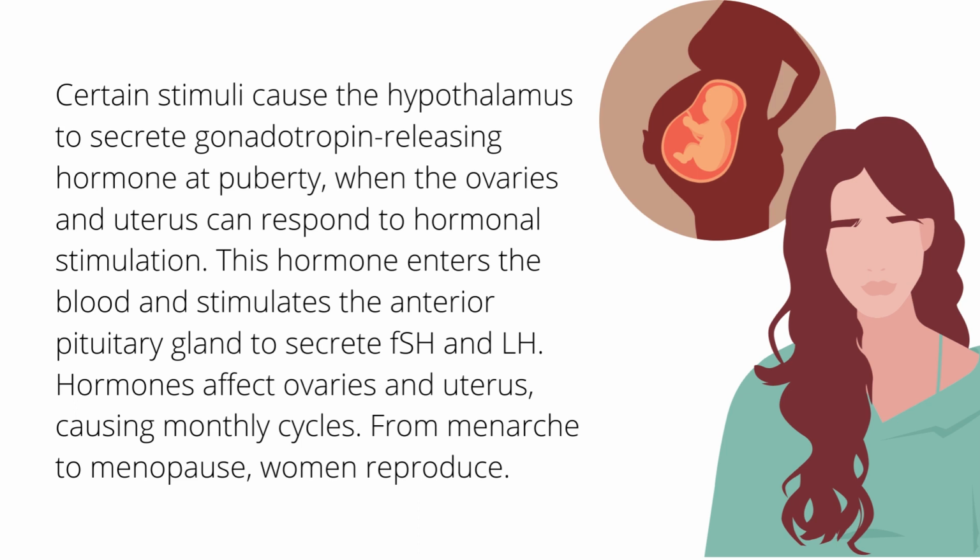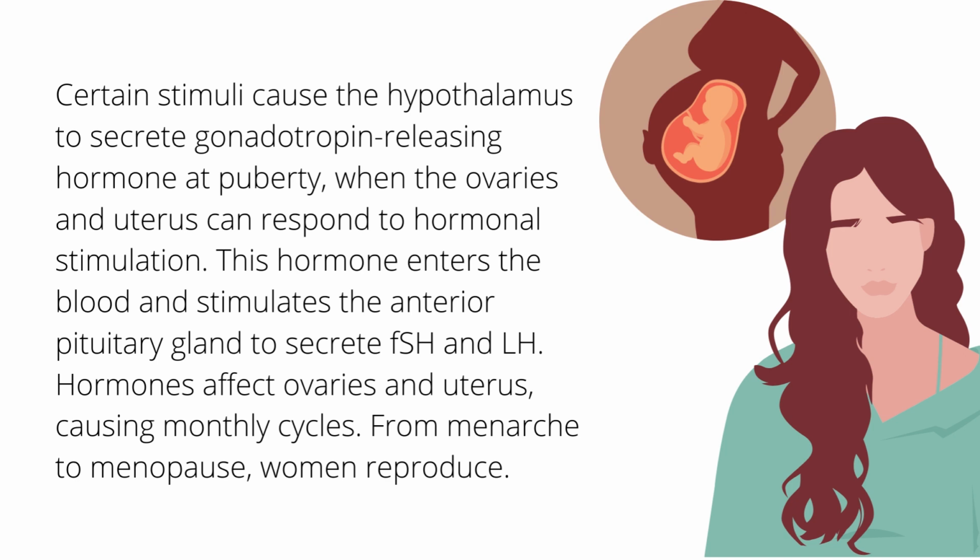At puberty, when the ovaries and uterus are mature enough to respond to hormonal stimulation, certain stimuli cause the hypothalamus to start secreting gonadotropin releasing hormone. This hormone enters the blood and goes to the anterior pituitary gland where it stimulates the secretion of the follicle stimulating hormone and the LH as well, the luteinizing hormone.